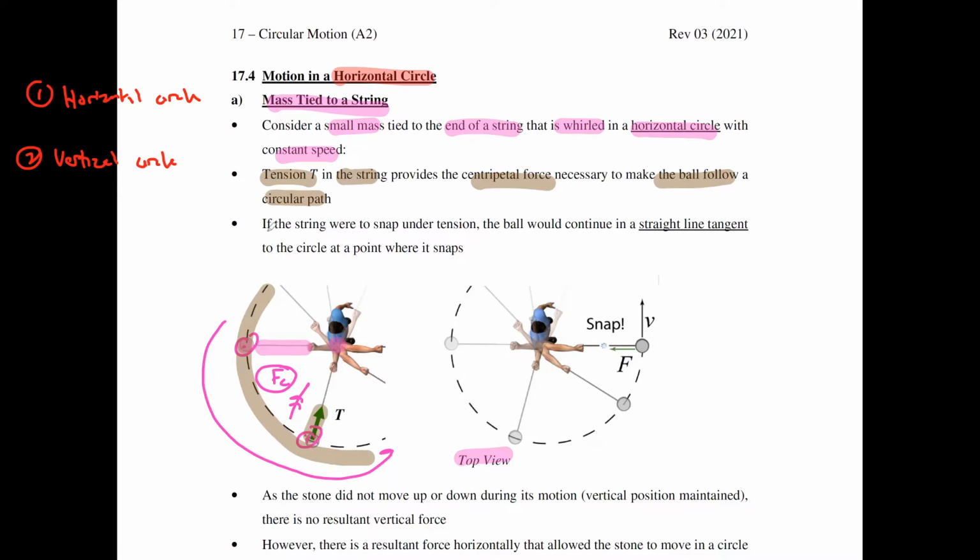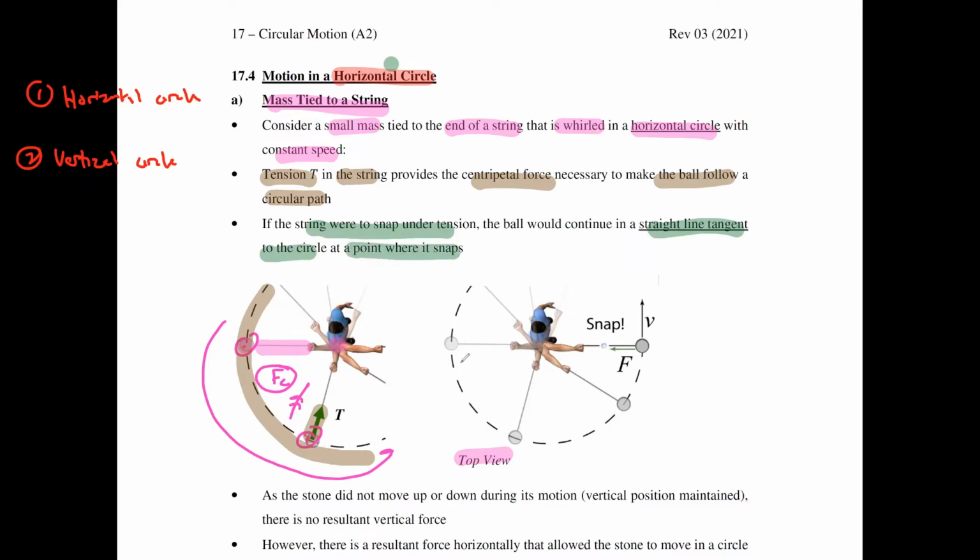Now if you keep swinging your mass in a circle, if you swing it too fast, you can imagine that eventually the string will snap. In the case where the string suddenly snaps under tension, the ball won't continue to move in a circle. Instead, it will continue to move in a straight line tangent to the circle at the point where it snaps.